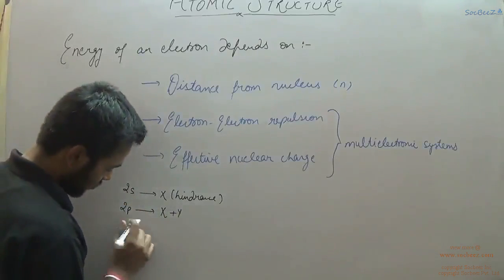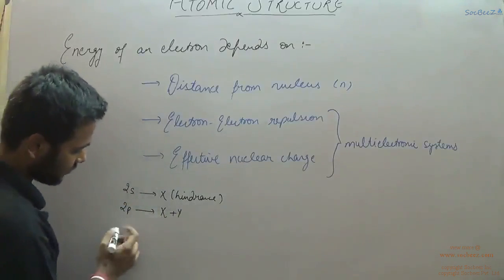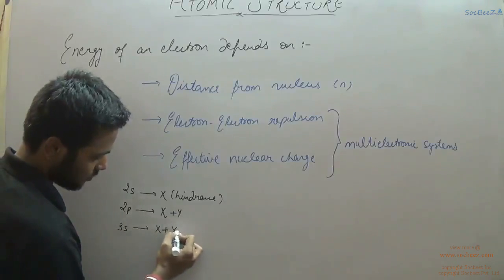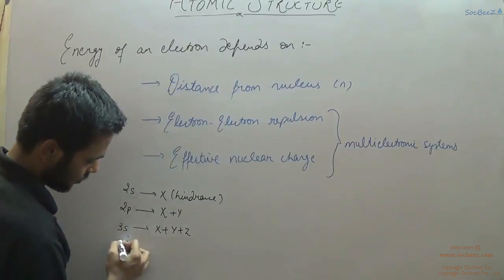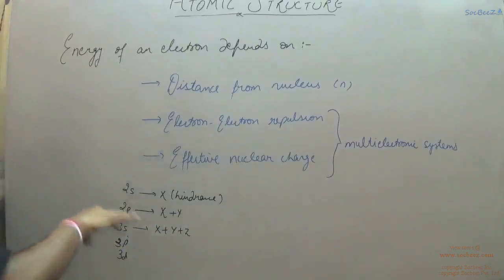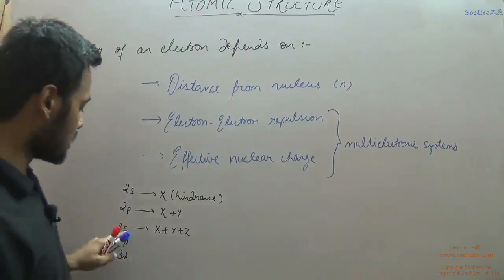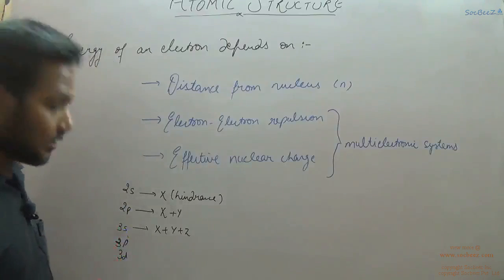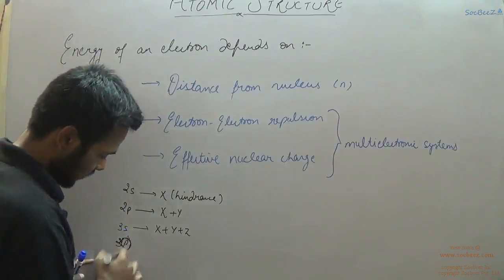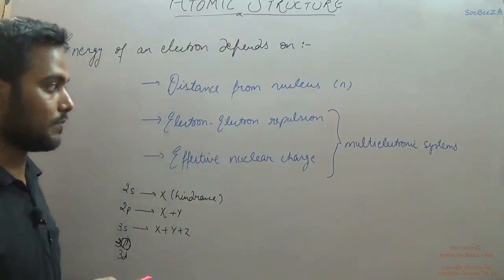And in case of 3s, there is going to be X, Y, Z, and so on. In case of 3p and 3d, the hindrance will keep on increasing because of the extra orbitals that we are considering. Therefore, it also depends on this factor, that is azimuthal quantum number.